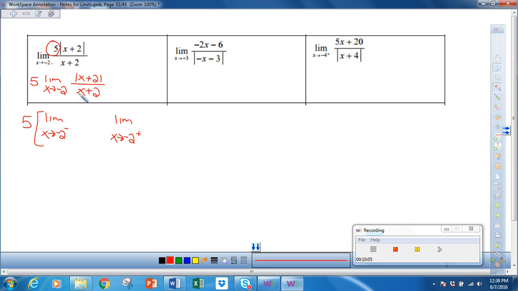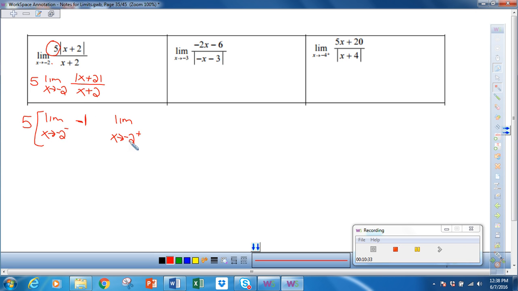If I am coming in from the left, slightly smaller than negative 2 is like negative 2.001. So as I come in from the left, this is going to make this positive divided by a negative. That's going to be a negative 1.